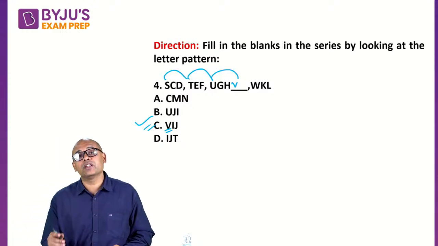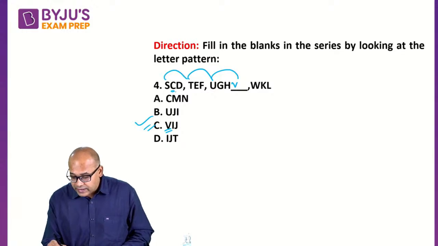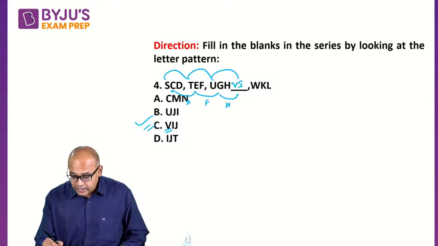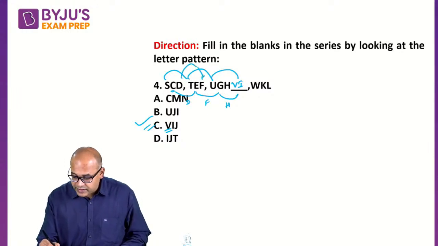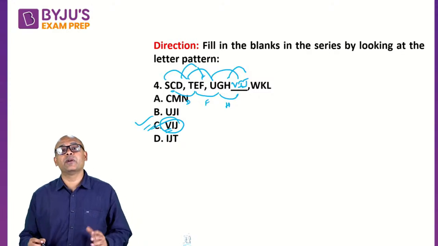Which means make sure that the other alphabets are also in place. So C, then D is missing, then E. F is missing, then G. H is missing, then I. Then the third letter, D. E is missing, then F. G is missing, then H. I is missing, then J. So VIJ should be my answer, which is my option C.